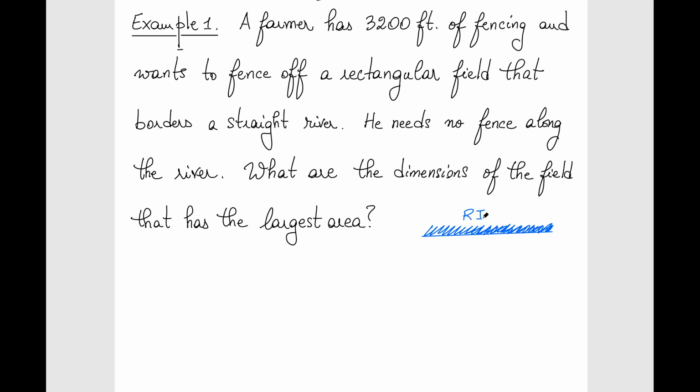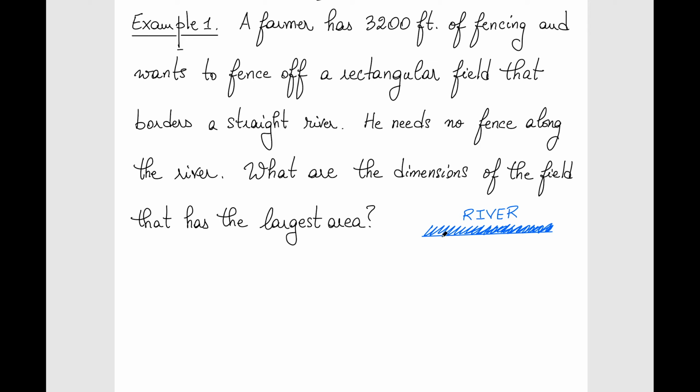And what he's going to do is try to fence off a rectangular area which is going to be bordered by the straight river, right? So the straight river is going to be one of the sides of that rectangular field that he wants to fence off, right?